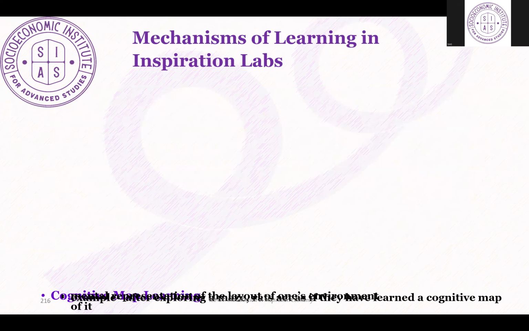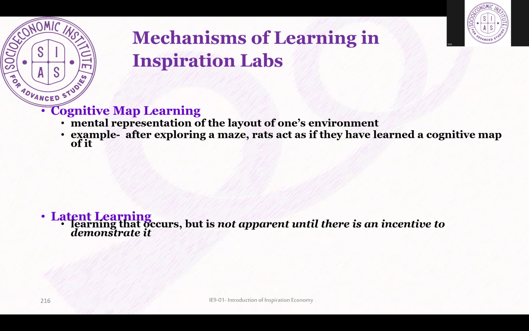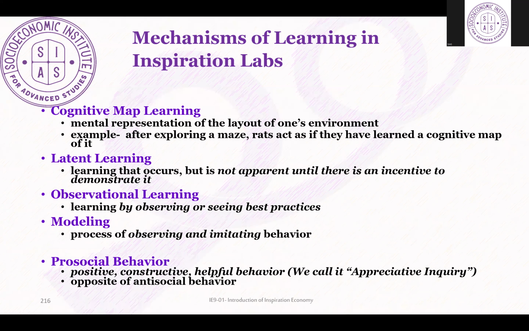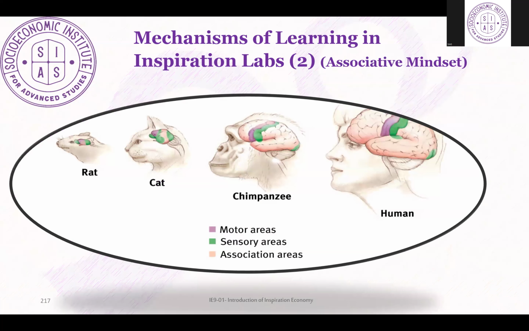One of the mechanisms of the lab is that it will help us to build a cognitive map of learning. We build different types of learning, observational learning, the capacity to create modeling, and so on, in a different way. It is an area that can differentiate us as humans from animals and build our motor system and motor areas and sensory and association capacities in much higher ways.